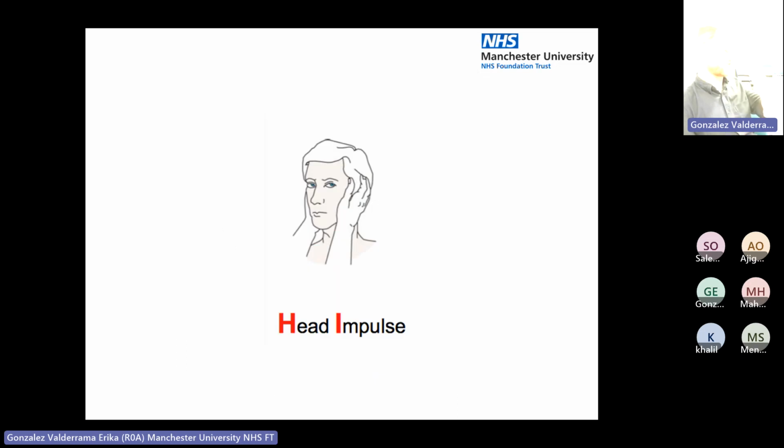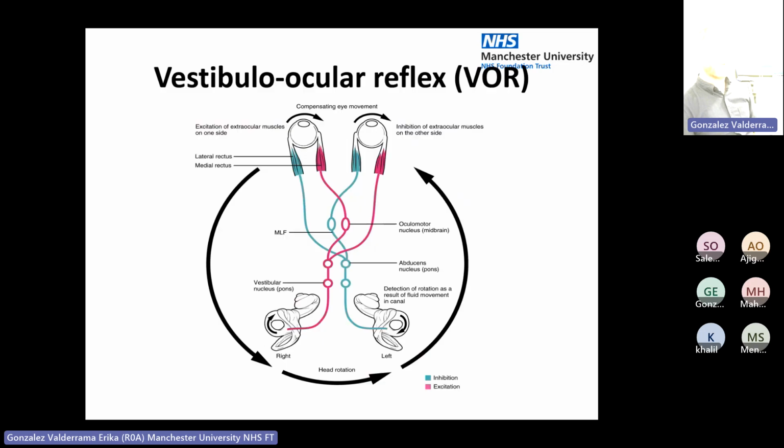So the head impulse is the most important clinical bedside test in all of dizziness, with the possible exception of the Dix-Hallpike. And it's really not that complicated, although you need a lot of practice to feel confident doing it. But when it's positive, it's fairly obviously positive.